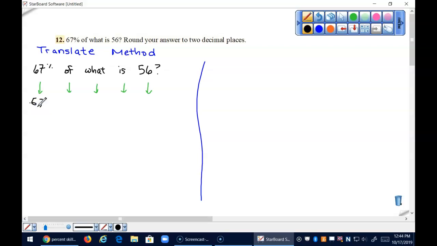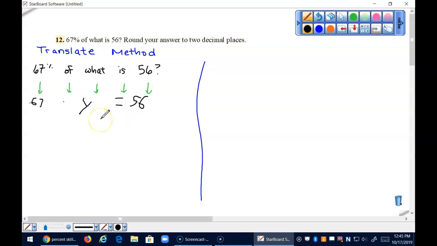So, of. Okay. What? We'll do y. Stick with the trend. Is. Equals. And 56. It's just 56. Yep.